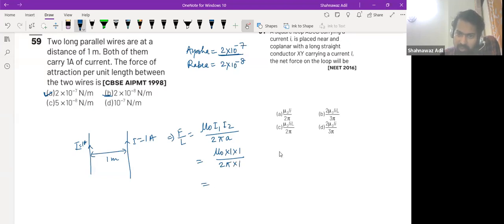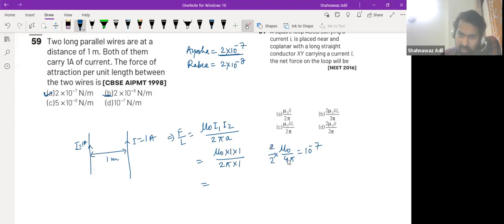So what do we know? We know that mu naught by 4 pi is 10 to the power minus 7, right? So if we multiply this by 2 divided by 2, we will get what?